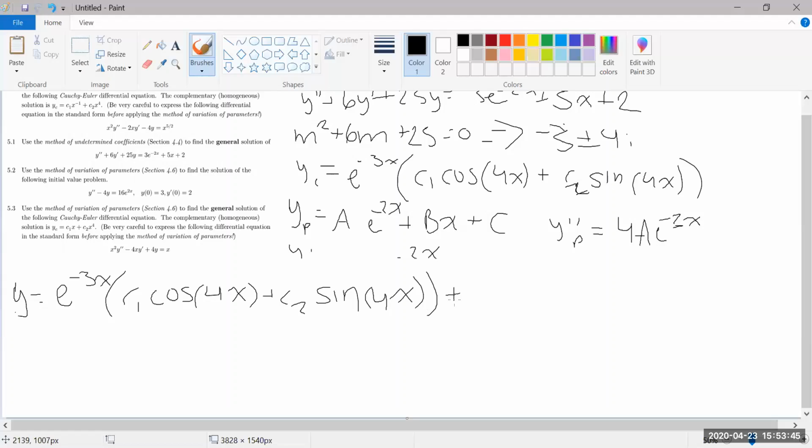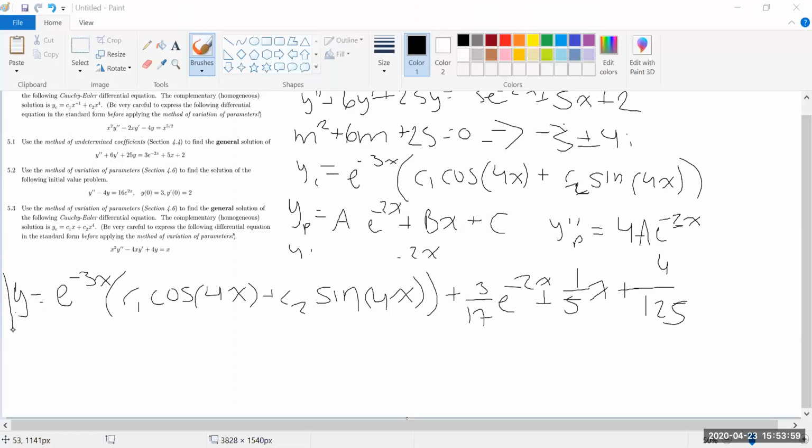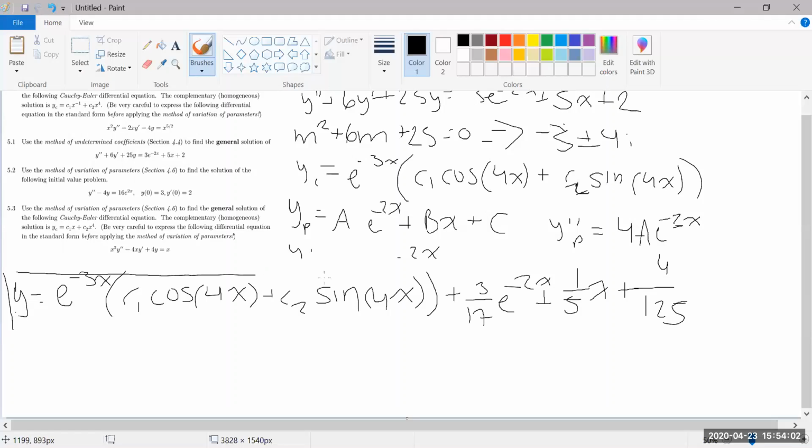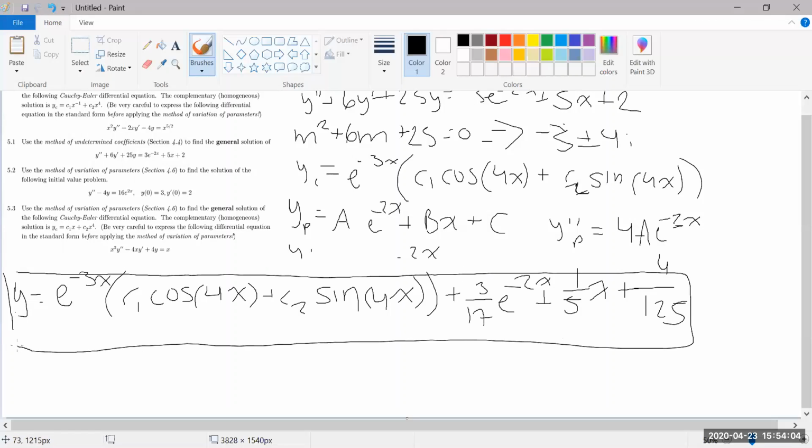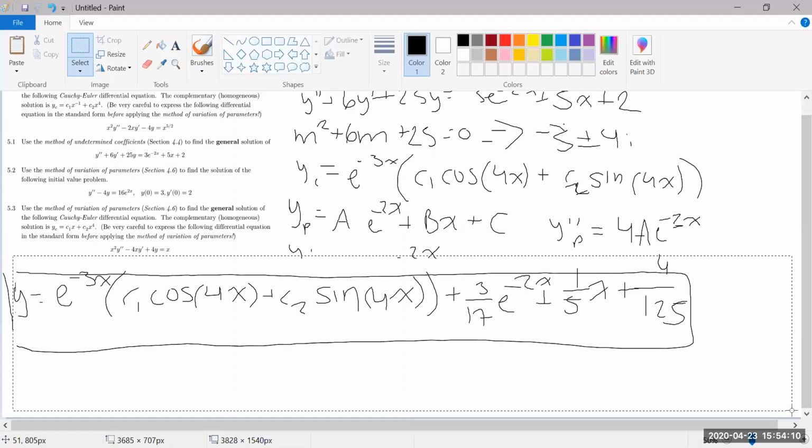Okay, and now plus what we just found out, which is 3 over 17 e to the negative 2x plus 1 over 5 x plus 4 over 125. And that is the solution to this problem. Okay, so I'll clear all of this and we can get started on the next problem.